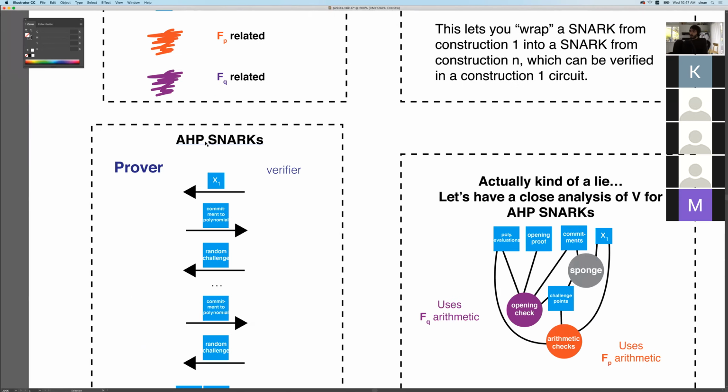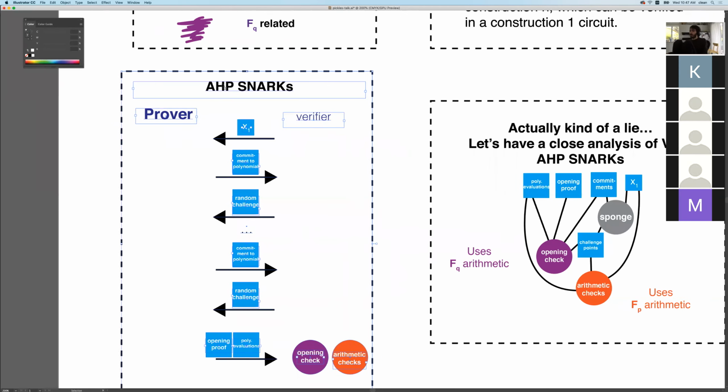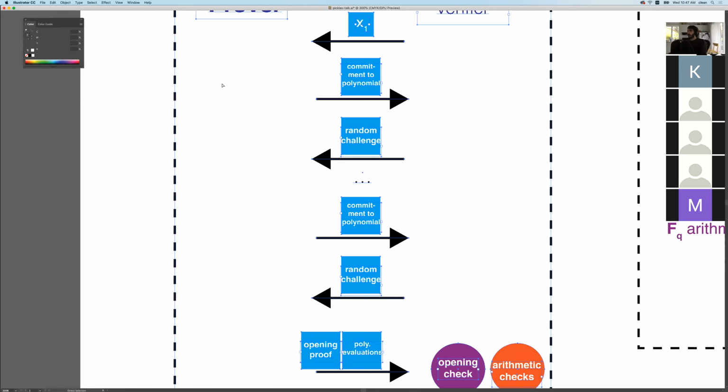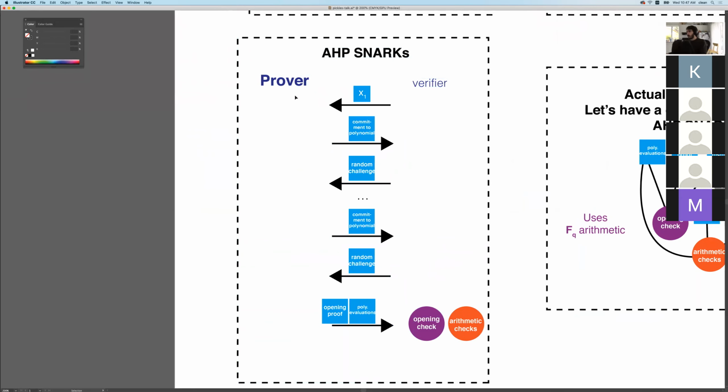Okay, so there is this idea of a SNARK coming from a so-called algebraic holographic proof system. And what is an algebraic holographic proof system? It's a proof system of the following form. In the first round, say the verifier sends the statement, then the prover will send, in the formalism, you think that they send a polynomial, but when you compile it using cryptography, they send a commitment to a polynomial.